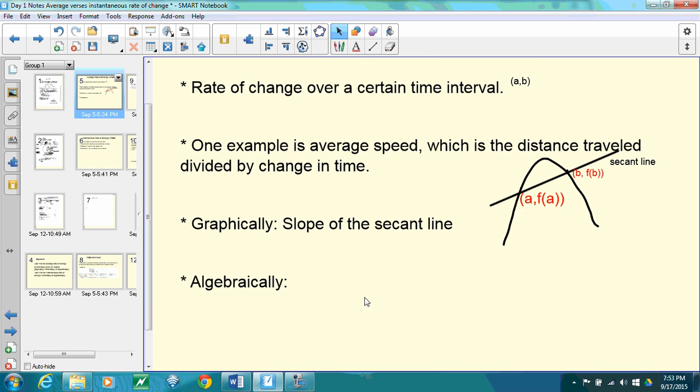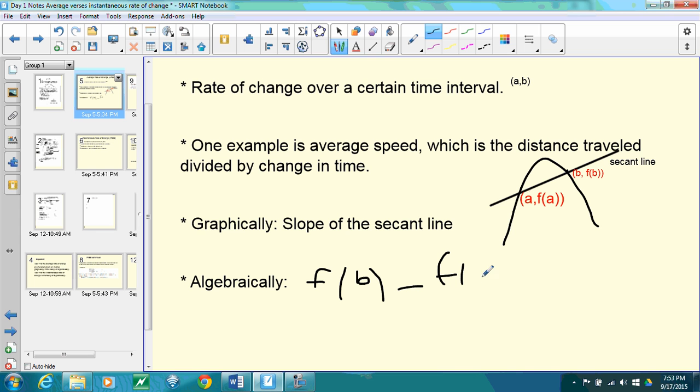then my slope would just be y2 minus y1 over x2 minus x1, which would just be f of B minus f of A, and then it's all over B minus A. And sorry that it's sloppy.